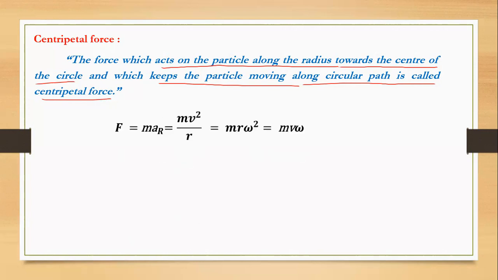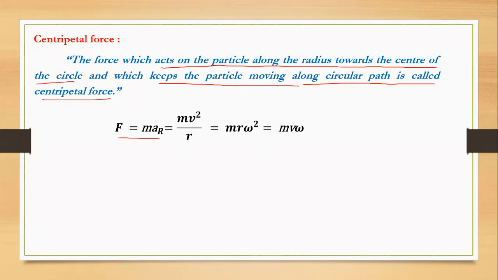The formula of the centripetal force is given by mass multiplied by centripetal acceleration. You can see here the formula: mass multiplied by centripetal acceleration. a_r is the centripetal acceleration, or it is also called radial acceleration. The formula of the radial acceleration we already learned.